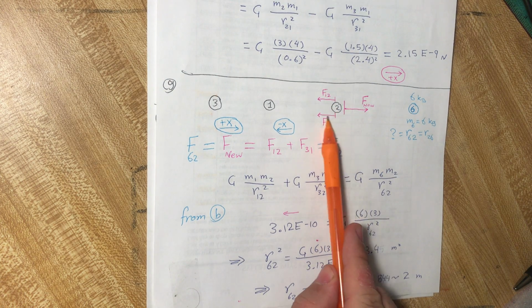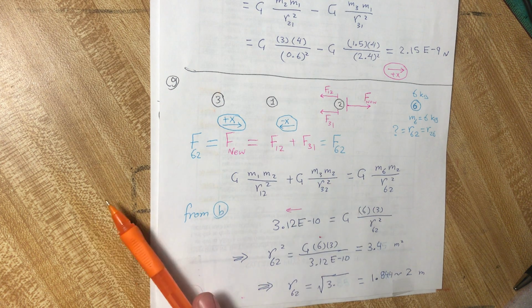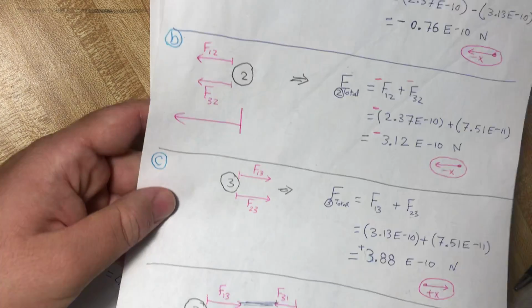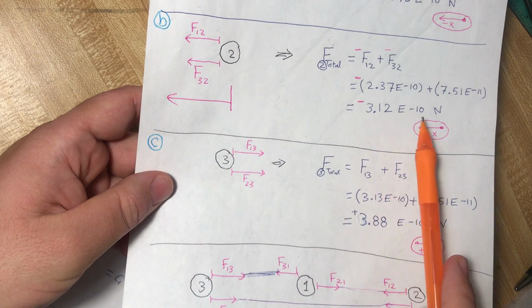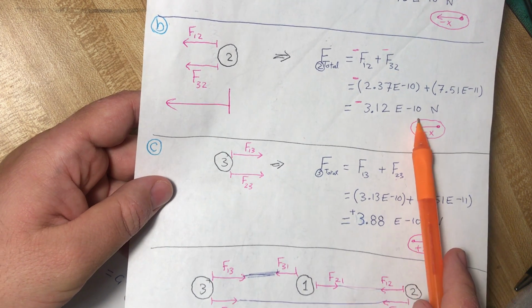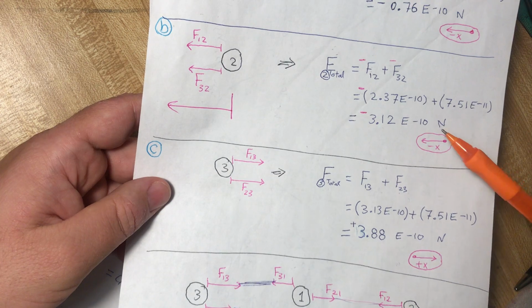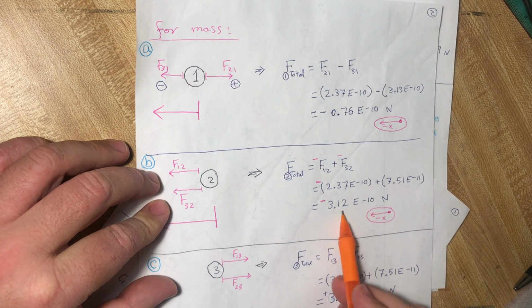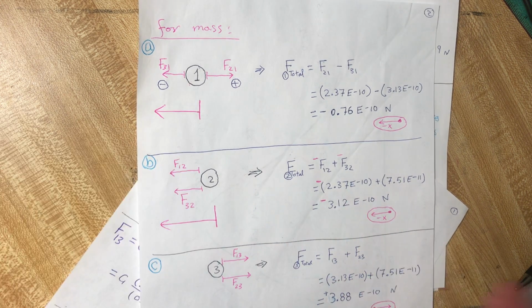We have both forces to the left. The force on the second object to the left is negative 3.12 multiplied by 10 to the minus 10, to the left. What if we need this force to be 0? We need another force to the right with the same magnitude, with positive sign, and the total force at the end will be 0.